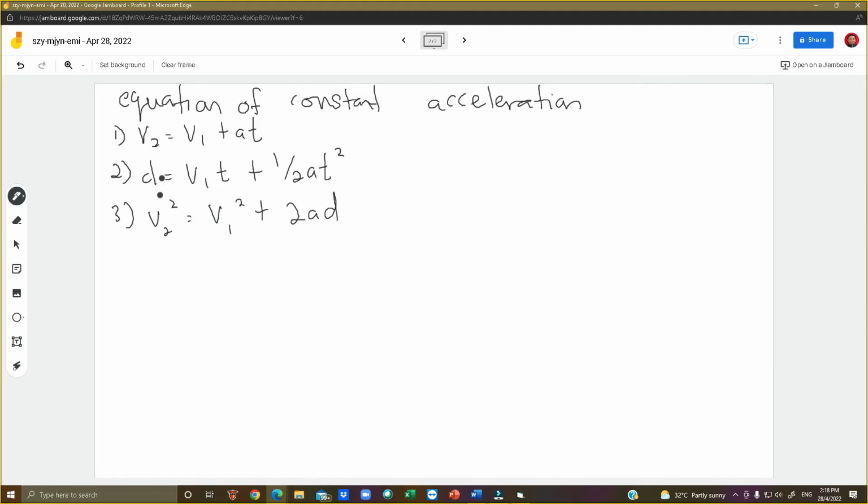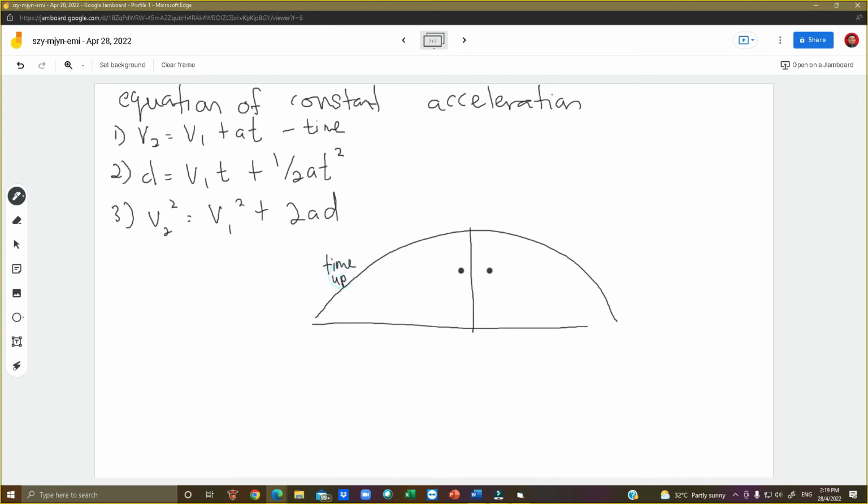Okay. So, what this three equation talks about? It talks about projection. Where the first equation, most of the time being used to find out time. Either time for the up version or time for the down version, the down portion. Itu yang pertama.